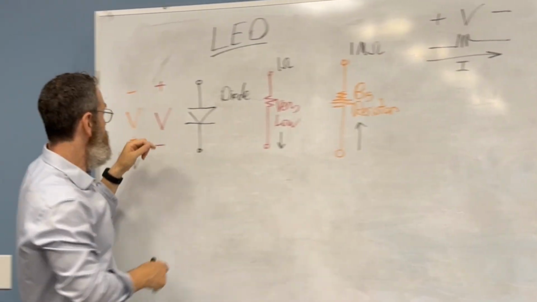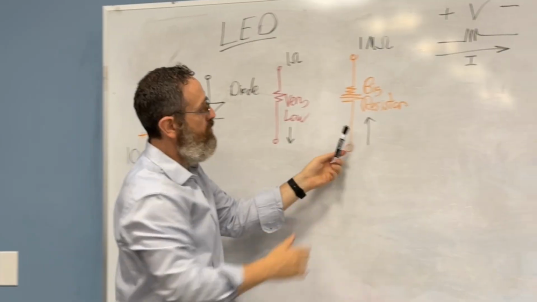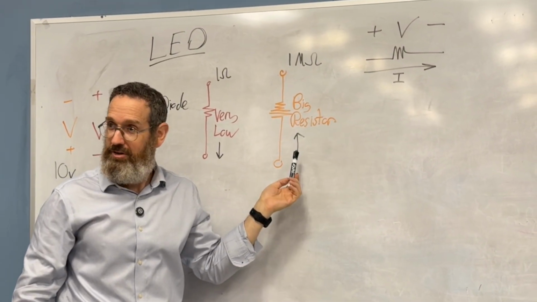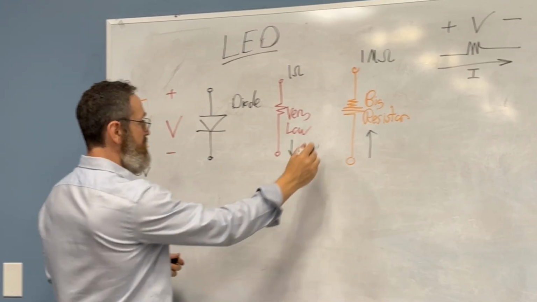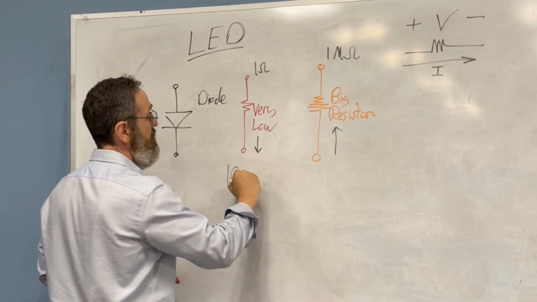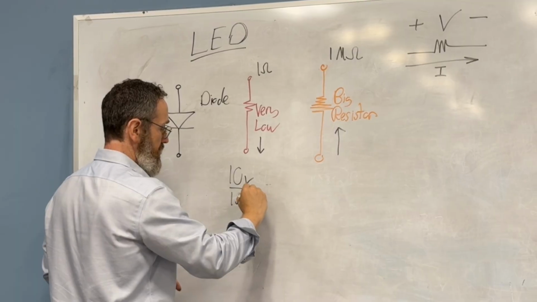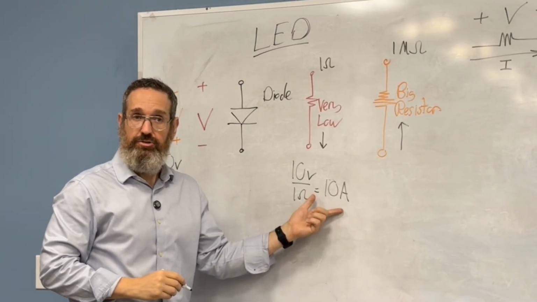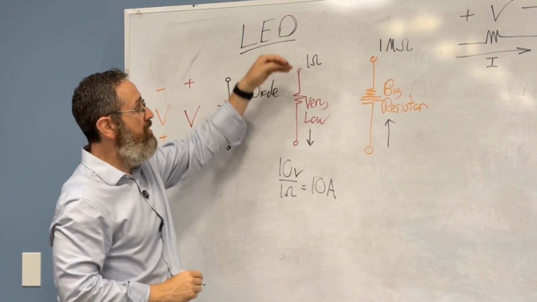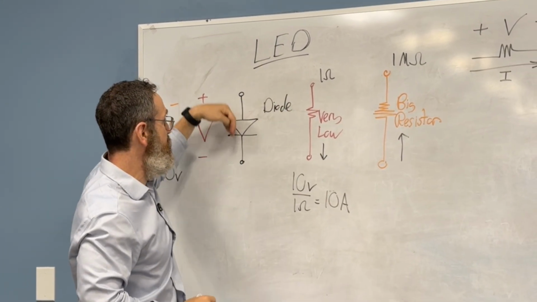In this case, the voltage is here, and so according to Ohm's law, the current's going to go this way. The current is equal to 10 volts divided by 1 ohm. So we're going to get 10 amps. It's a lot of current, actually. So there's a lot of current flowing in this direction.